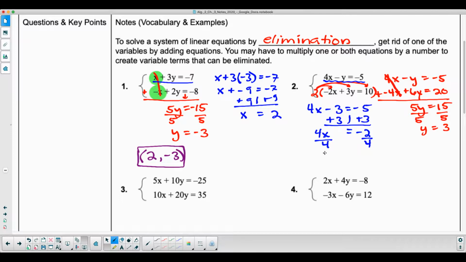Divide by 4, you get x equals negative 1/2. Negative 2/4 simplifies to negative 1/2. All right, from there, we write it as a coordinate point. So x is negative 1/2, so negative 1/2, comma, 3. That is our solution. That is where the lines intersect.